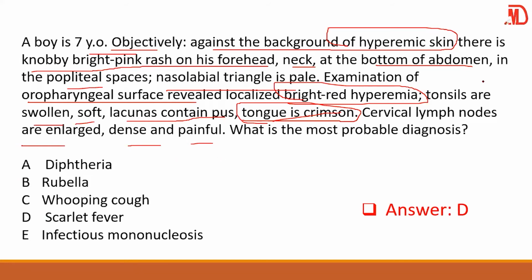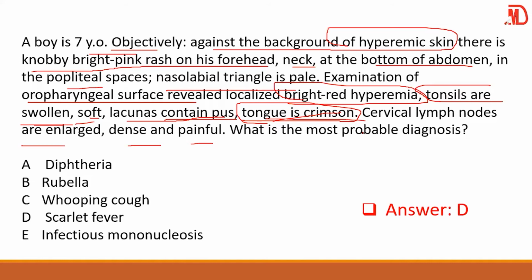Over here, they said the tonsils are swollen. This is sore throat. The tonsils are swollen and soft, the lacunae contain pus, and the tongue is crimson. These signs are very characteristic of scarlet fever.